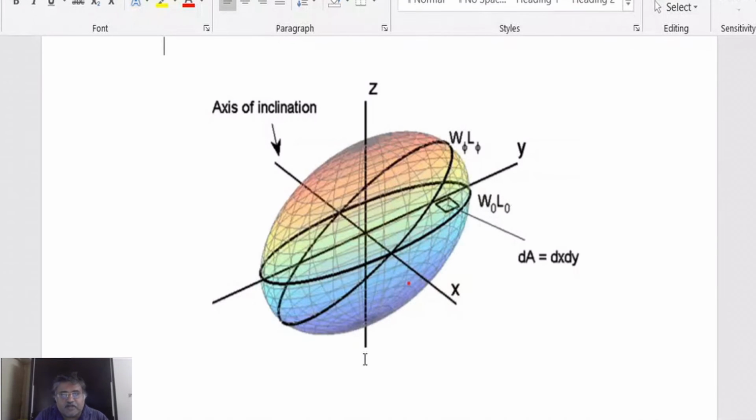So let us assume the very simple thing, which is the most sensible thing to assume: you assume that XX is longitudinal and YY is transverse. Then the problem is solved.